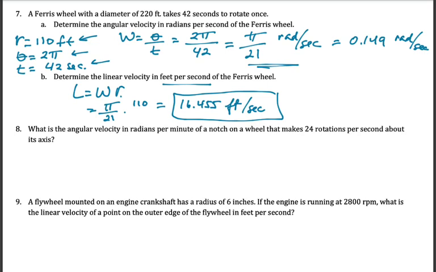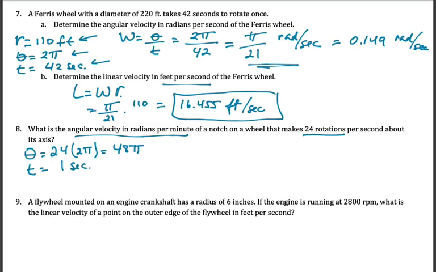On number 8, what is the angular velocity in radians per minute of a notch on a wheel that takes 24 rotations? That's 24 full circles per second. So your theta, you go around a circle 24 times. So that's an angle measure of 48 pi. The time it takes you to do that is 1 second.